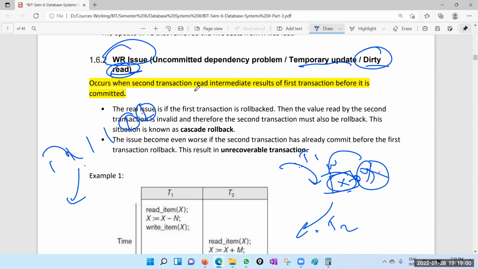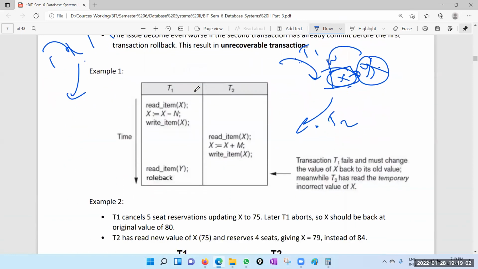So that is the write read issue. Now you can see this guy has reduced X by N and written it, but still the transaction goes on. While it has reduced N from X, the second guy has read it. Now it is reading the current value, that is X minus N, and it is adding M, and it has written. And this guy has rolled back.